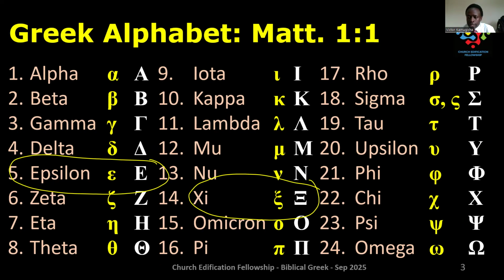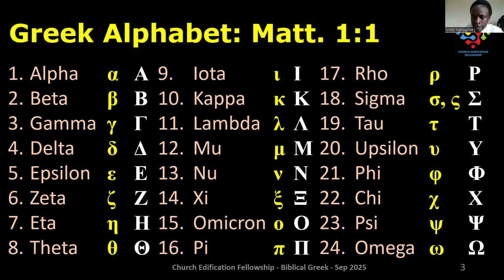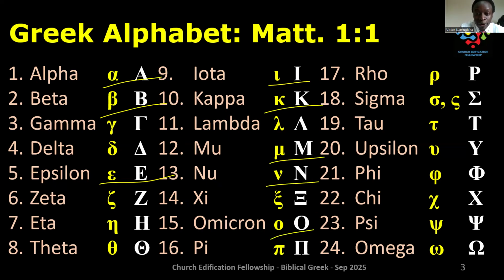So the point is that you just look at them. Some are close in the English, some are not, okay? When you look at the C, it would confuse, but with more time it becomes natural. There are some which are really quite equivalent. For example, the alpha, the beta, the epsilon, the iota, the kappa, the mu, the nu, the omicron.